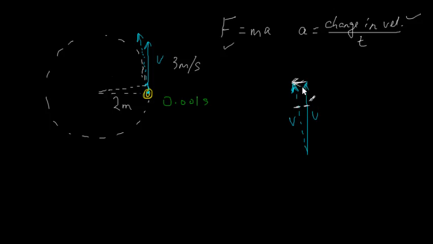So this angle here is very nearly 90 degrees. And you can imagine that the smaller this angle gets, which I call theta, the closer this line would be to 90 degrees.